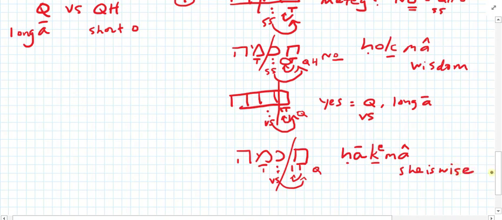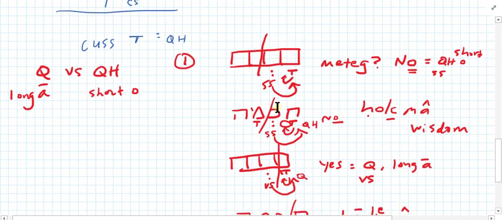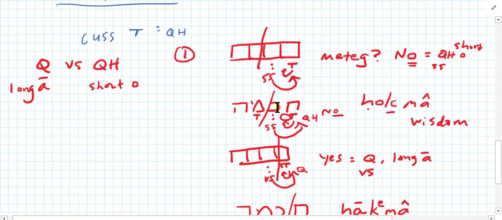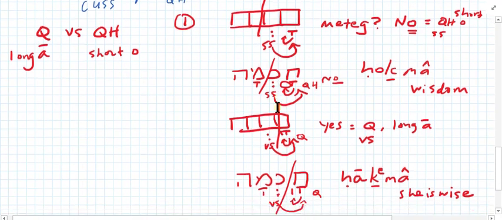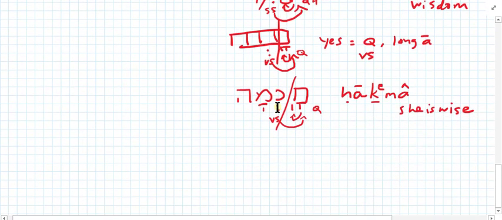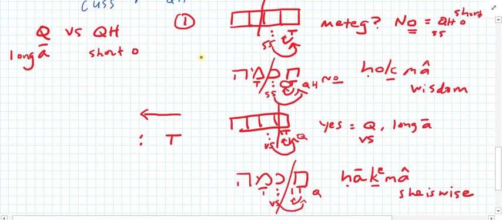Okay? So, that is the biggest thing to think about. Is there a metheg? The presence of the metheg will tell you whether it's a long A or not. Okay? But only in the situation where you have a qames symbol followed by a shava. That's the only time that this rule is what you go to.